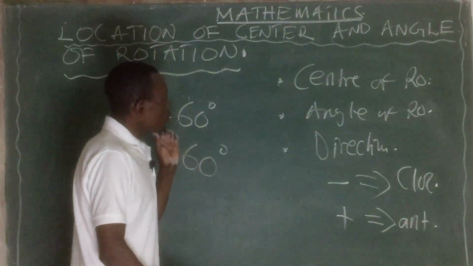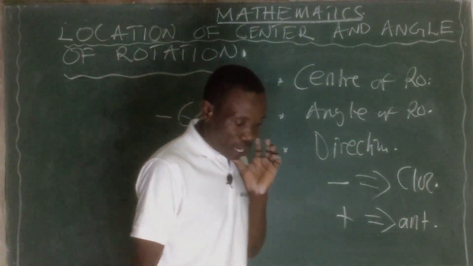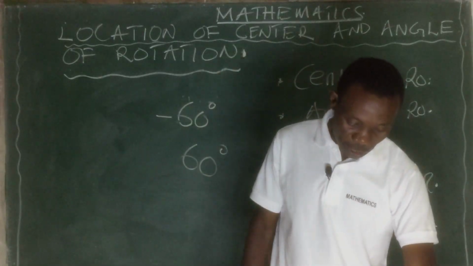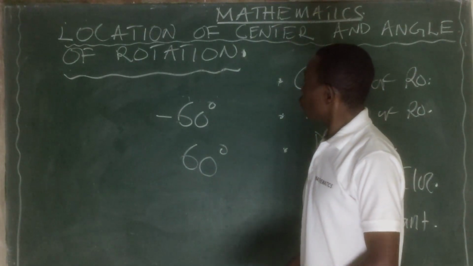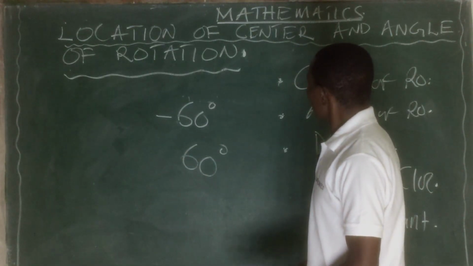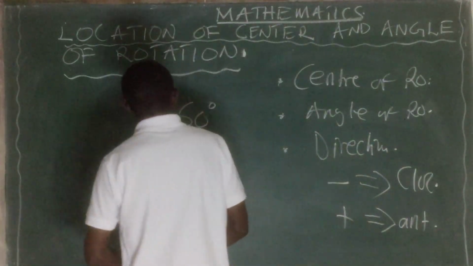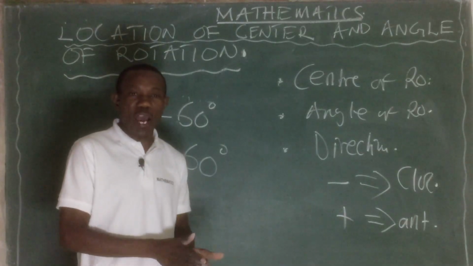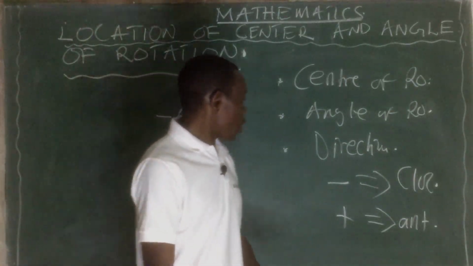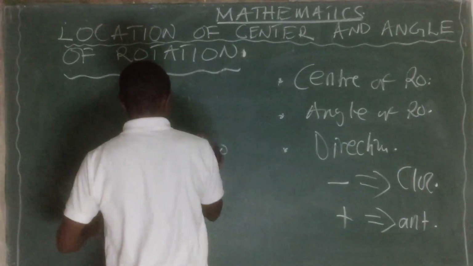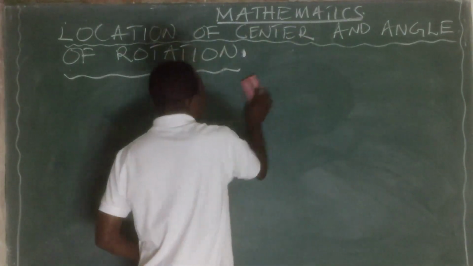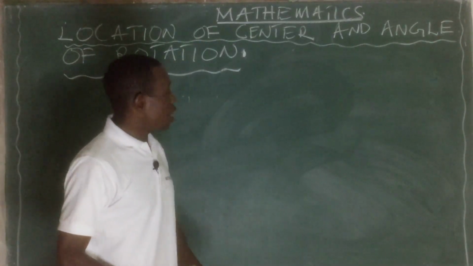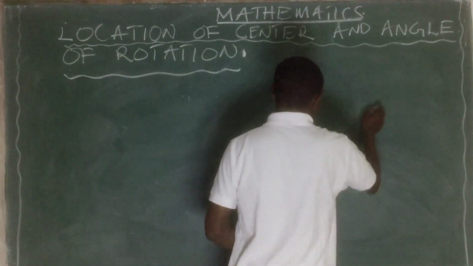Right, now what we need to do is a simple activity whereby we are going to locate a center and come up with the angle of rotation. At times in an exam, they can give you the image and the object at the same time.